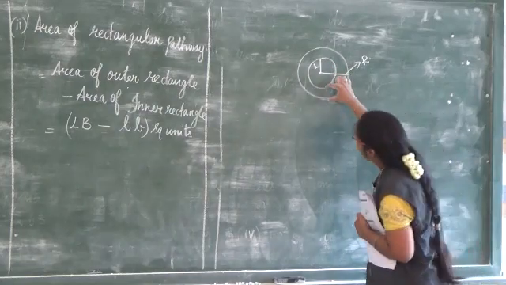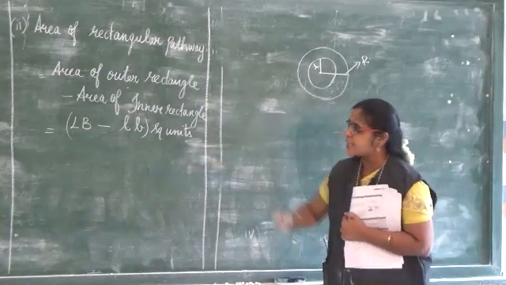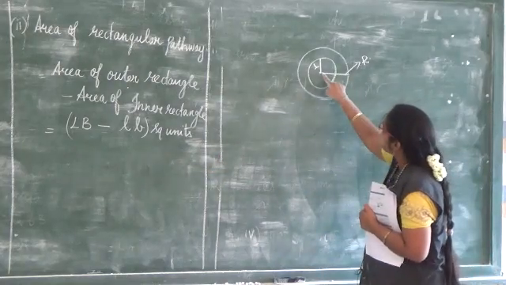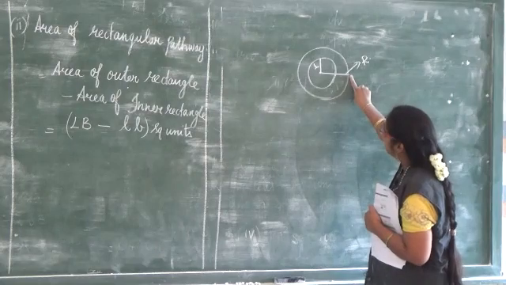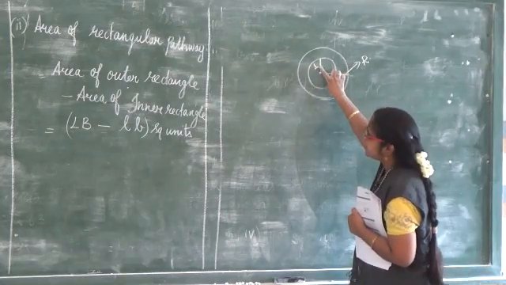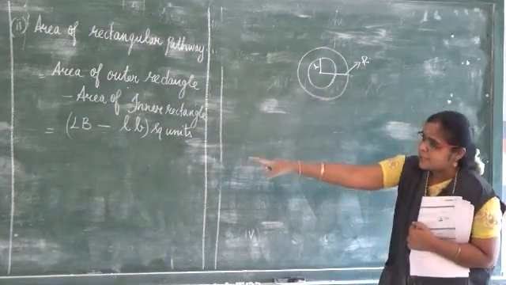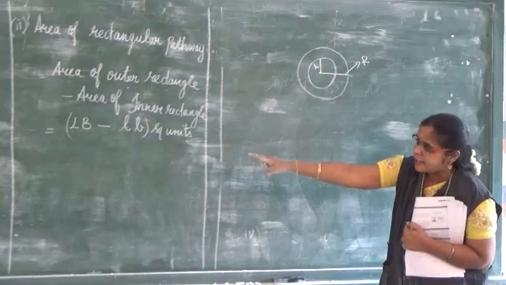So we have to find the area of this pathway using this formula. This is the area of the outer circle, and this is the area of the inner circle. So pi R square minus pi r square square units.